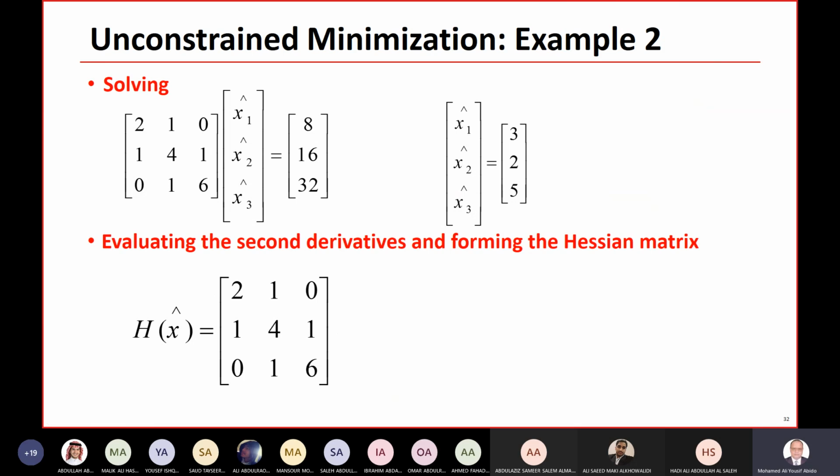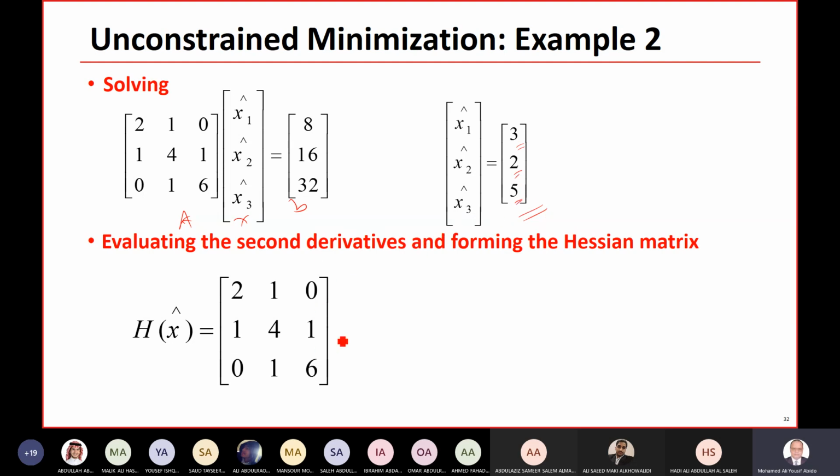Solving in matrix form, you can form AX equal to B, get the inverse of A, and the solution is 3, 5, 2.